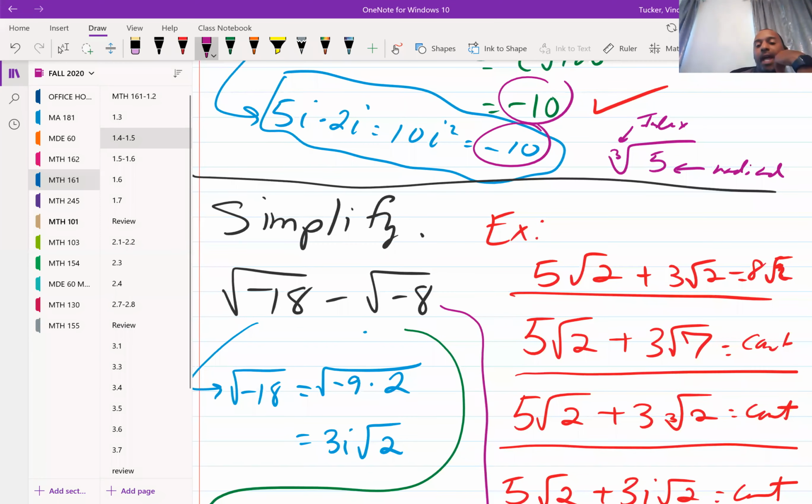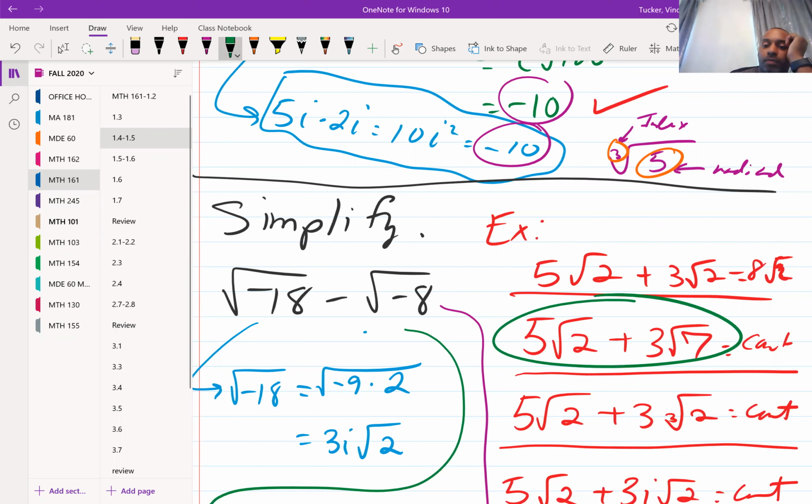So in order for me to add terms, this index and this radicand have to be the same or I cannot add them together. So looking at this first one right here, I have 5 square root of 2 plus 3 square root of 2. So I can add those together and get 8 square root of 2. So I had the square root, which is the same in both cases, and then what's under the radical, which is 2, same in both cases.